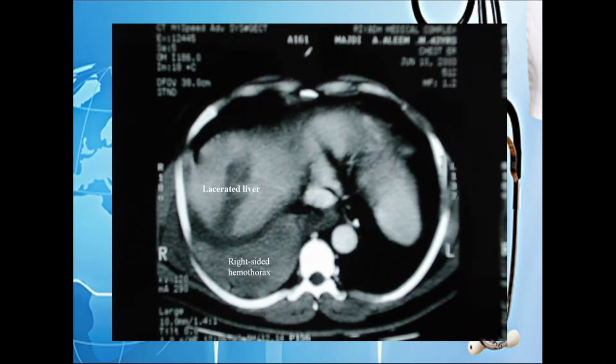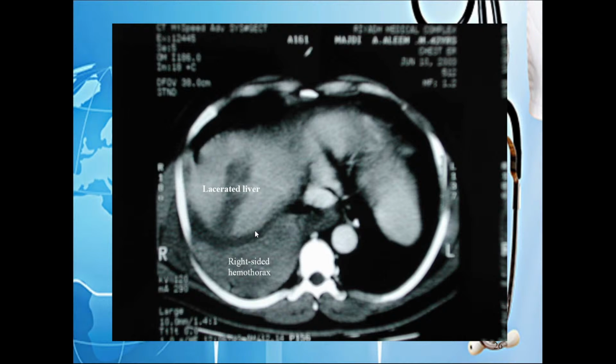Okay, here you can see the picture where we see the lacerated liver and the right side hemothorax. Inside the right lobe of the liver, we have a focus of low density.